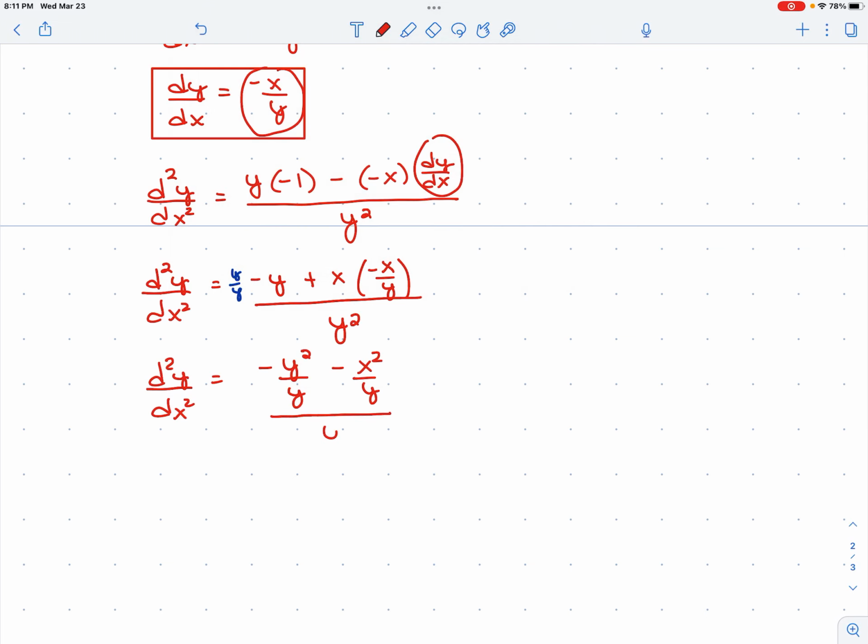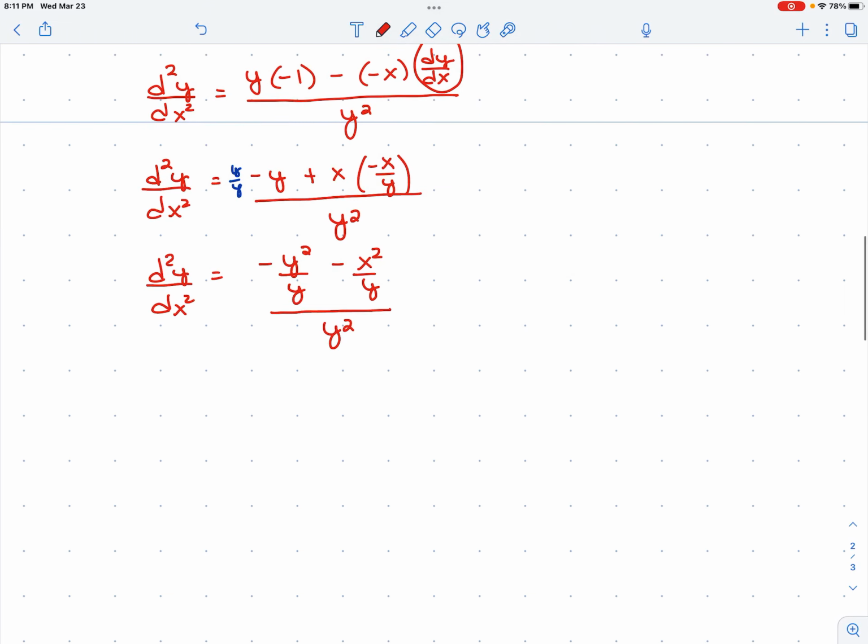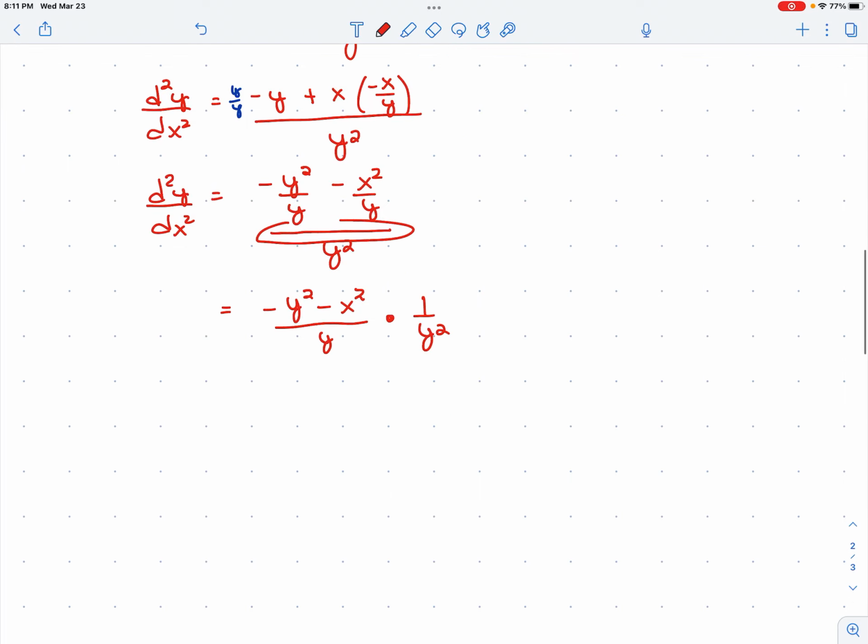And then all over y squared. And then this is minus y squared minus x squared all over y, the common denominator. And then I'm going to turn this second divide sign into a multiply, and 1 over y squared. And then I get minus y squared minus x squared all over y cubed. And this is the second derivative.